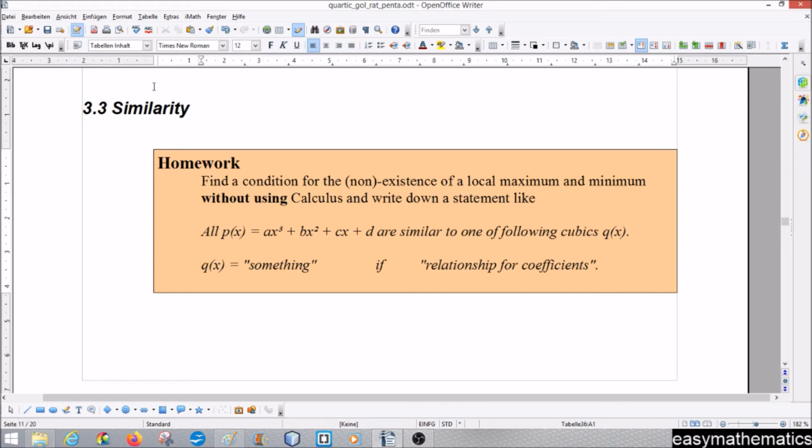And what I want you to do is find a condition for the existence and the non-existence of a local maximum and minimum without using calculus, and write down a statement like all p of x are similar to one of the following cubics, blah blah blah. So q of x is something if the relation for coefficients. Okay, you can try that.